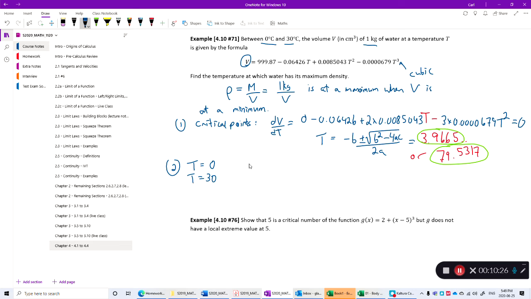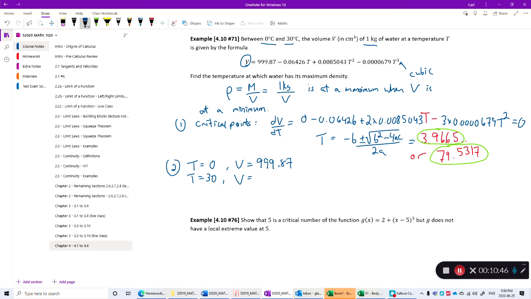If I plug in t equals 0, I just get the constant term, 999.87. And what if I plug in 30?